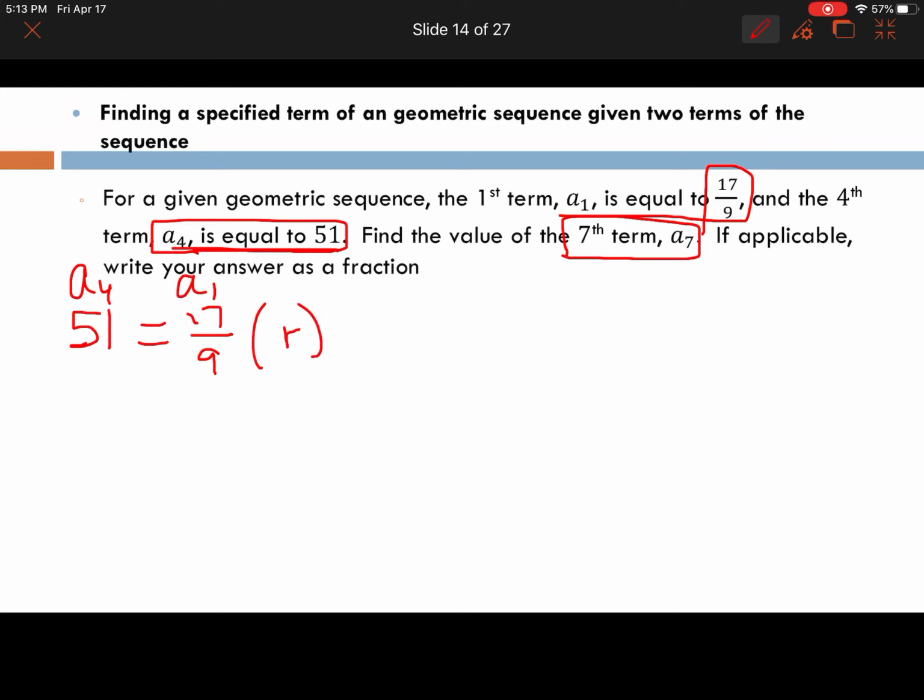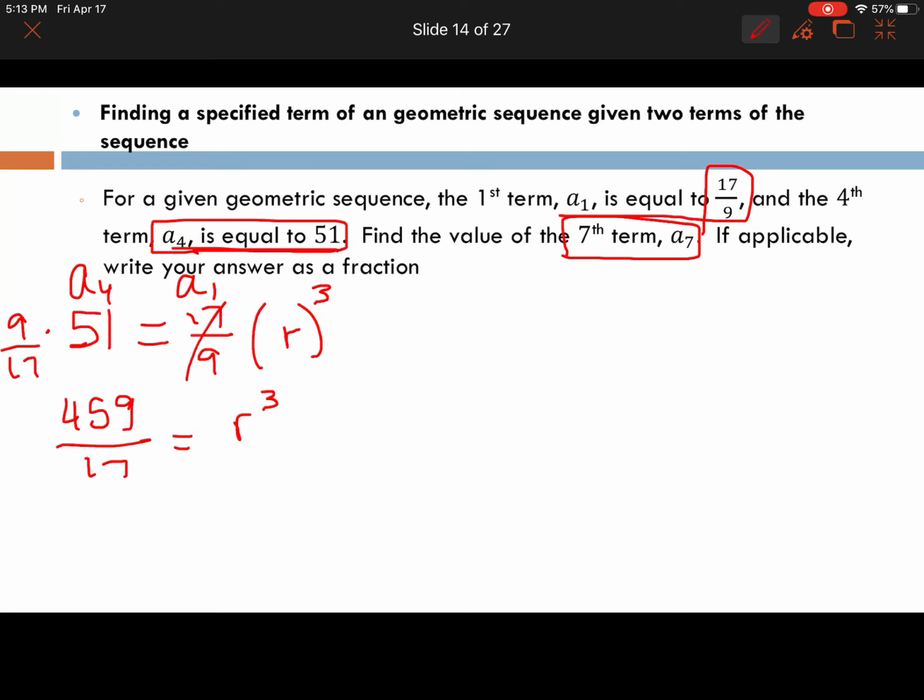All right, so let's multiply both sides by 9 over 17. That'll get rid of that. And we have 9 times 51 is 459 over 17, and that's equal to r cubed.